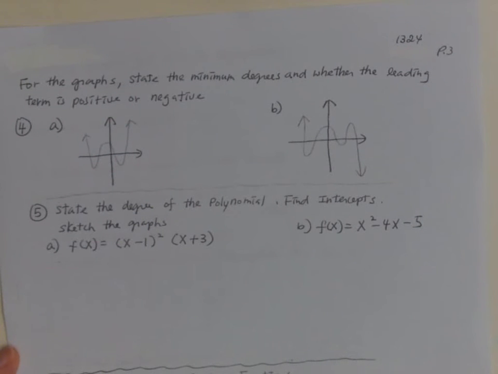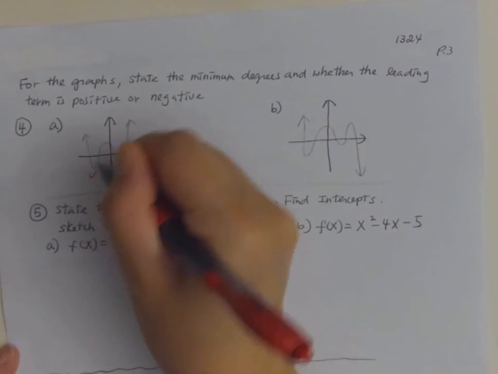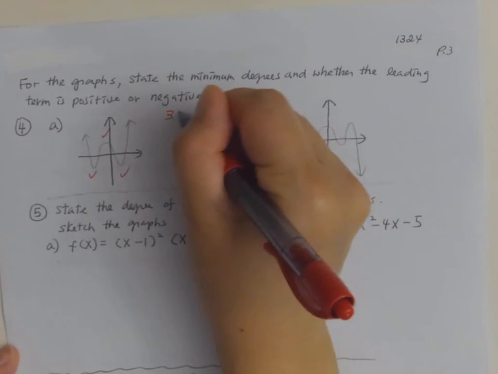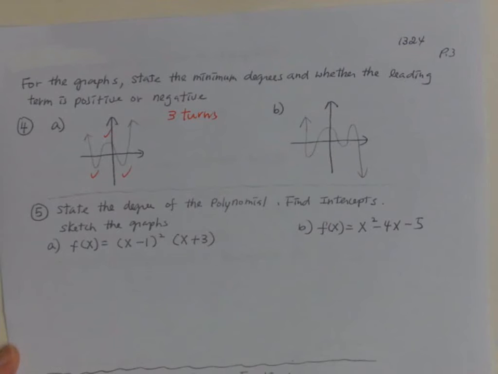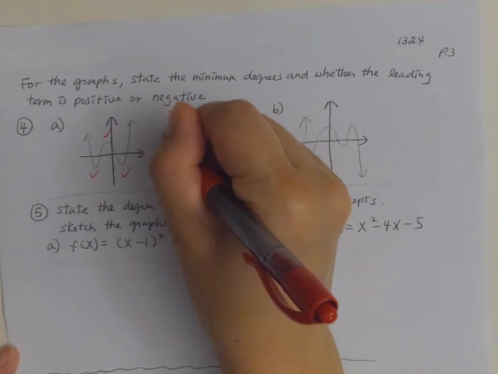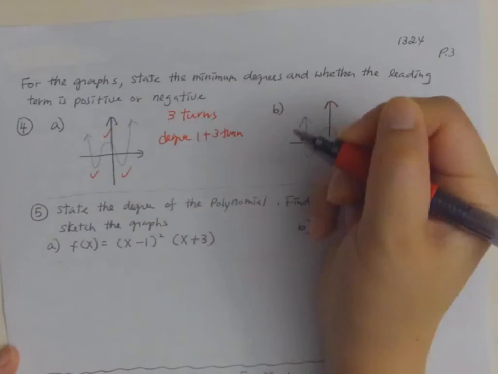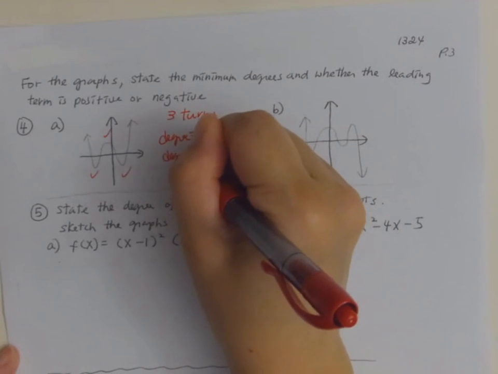Because it's both sides up, and this has 3 turns, 1, 2, 3 turns. Remember the number of turns is 1 less than the degree, so the degree is going to be 1 plus 3 turns, which at least will be degree 4, right?